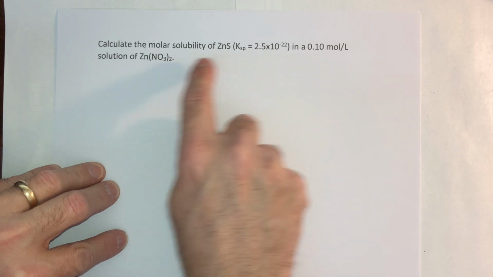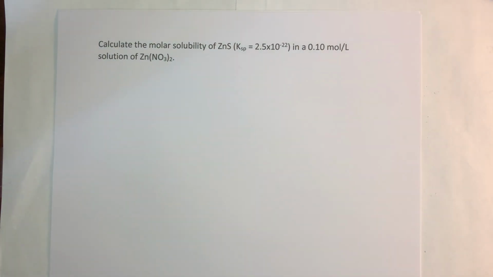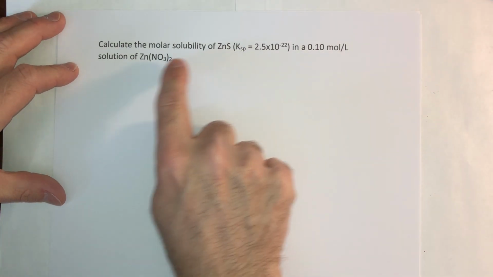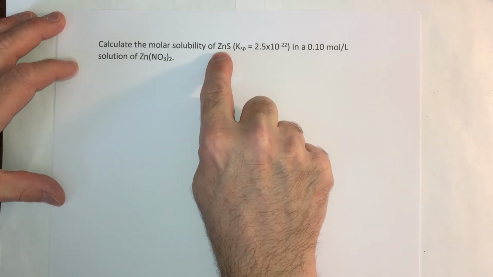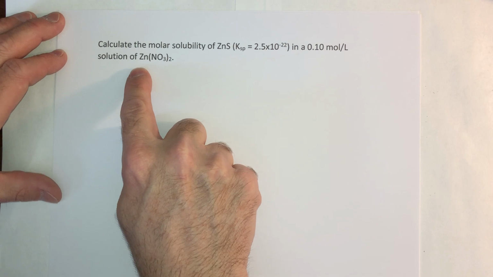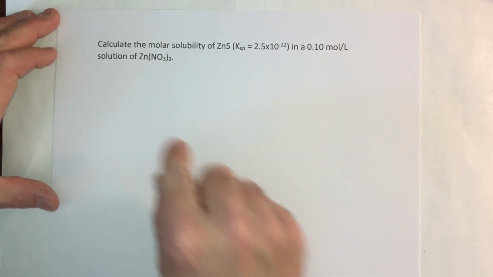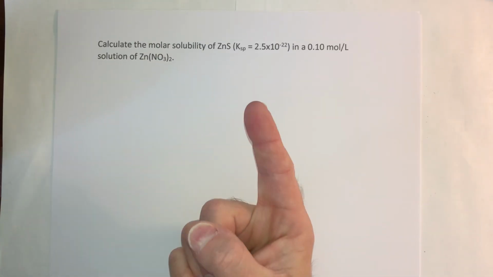Now, there are a variety of Ksp-related problems. How do you identify this as a common ion effect problem? This problem is one of the very few that will give you two compounds. It's telling you about zinc sulfide, and it's also telling you about zinc nitrate. The majority of the problems will only deal with a single compound.